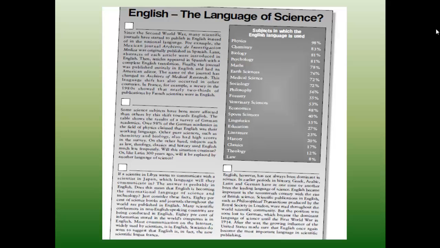Scientific publications in English, such as Philosophical Transactions produced by the Royal Society in London, were read throughout the world scientific community. But the position was soon lost to German, which became the dominant language of science until the First World War in 1914. After the war, the growing influence of the United States made sure that English once again became the most important language in scientific publishing.